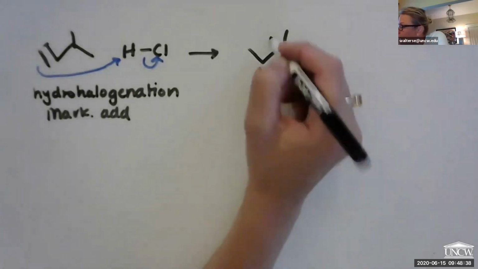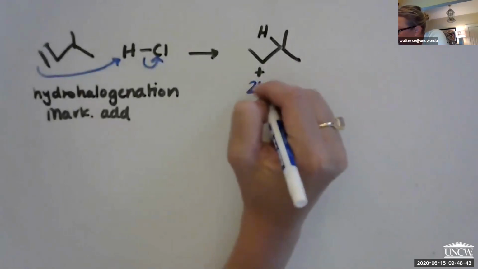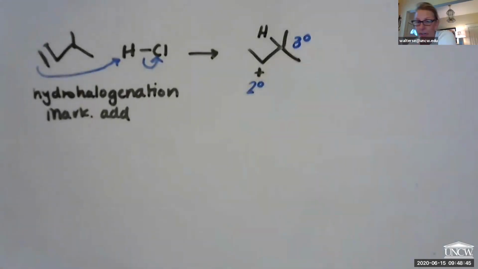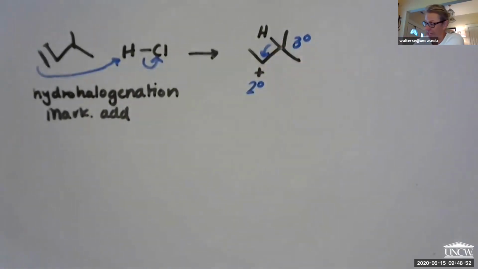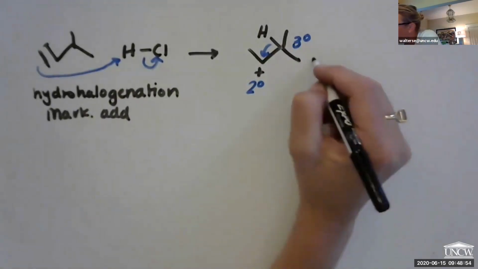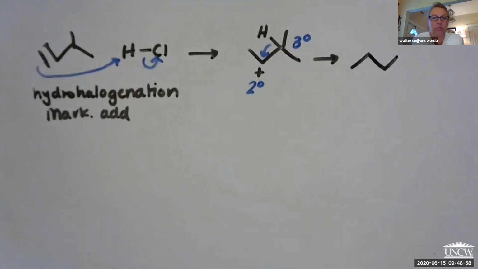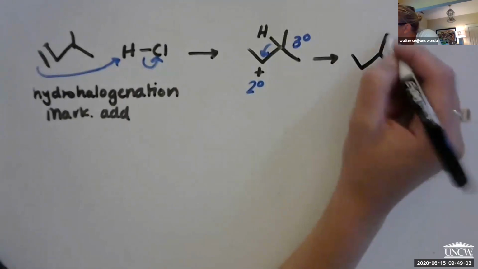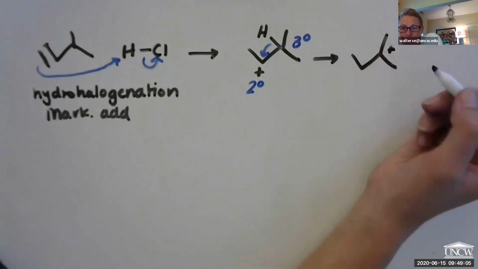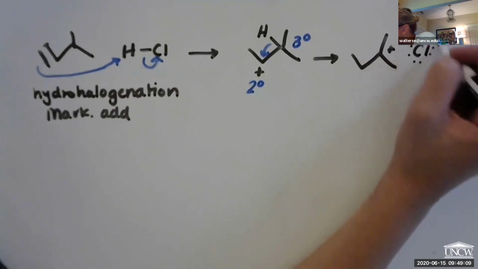Right. There is a hydrogen on a tertiary carbon. So you would do a hydride shift here, to make this tertiary carbocation intermediate, which would get attacked by the chloride.